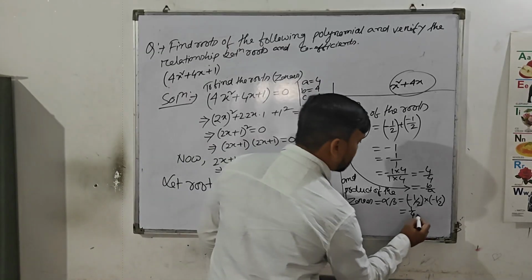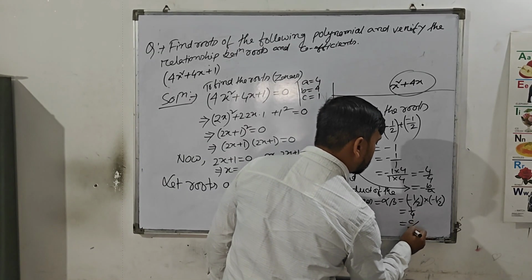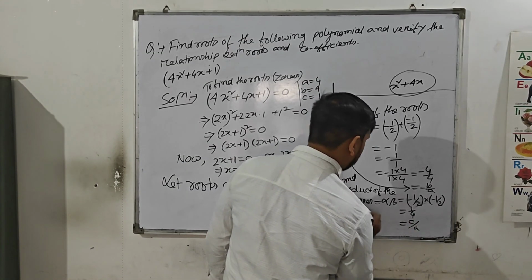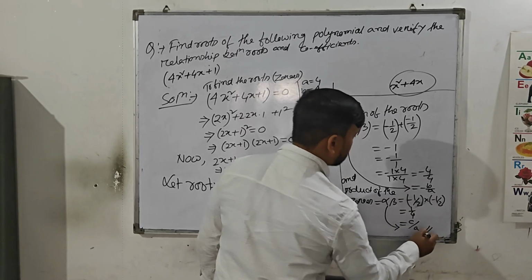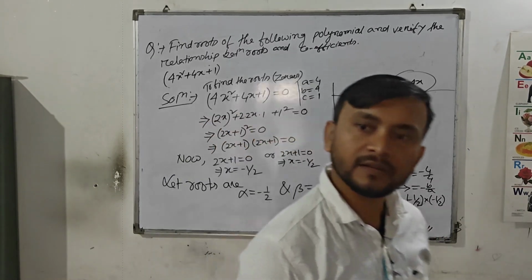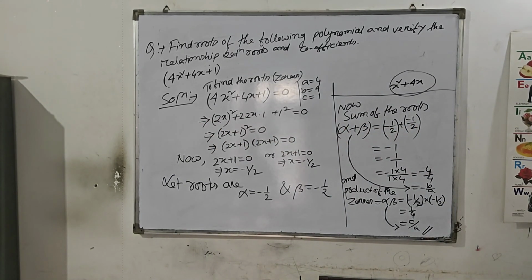Okay, fine. 1 means C. This is A. Finally, I got this. Verified. Finish.